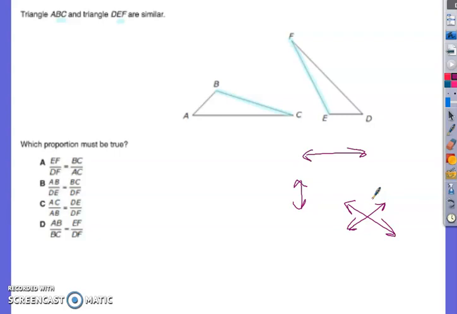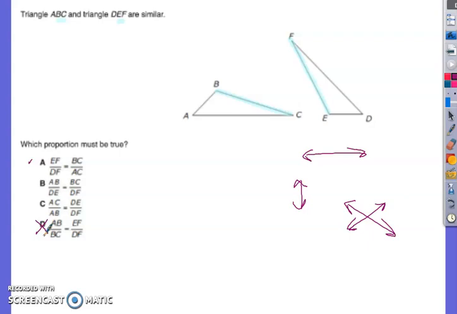So I have BC with EF, EF, BC, okay? So this one is a maybe. I don't see EF with BC. See that? How it's crossways, diagonal? That one cannot be right. So if nothing else, you know it's not D. You've limited your answer choices, okay?